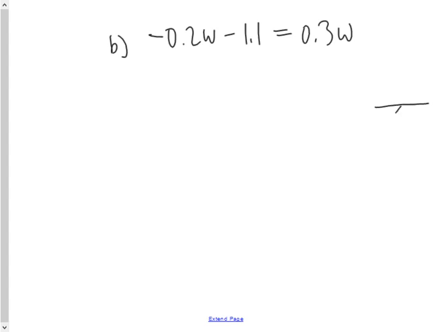Now this time, if I was to think about what this would look like, instead of having a whole w, I actually only have 2/10 of a w. So if I was to draw it and divide it into tenths, or fifths, because that's really a fifth, that's how much w I would have, and it's actually negative, which is hard to draw. And a -1 and a 0.1, which is hard to draw as well.